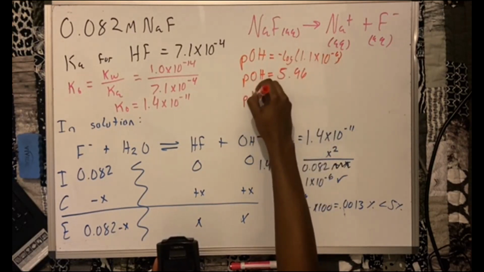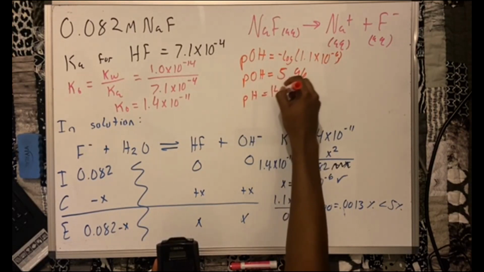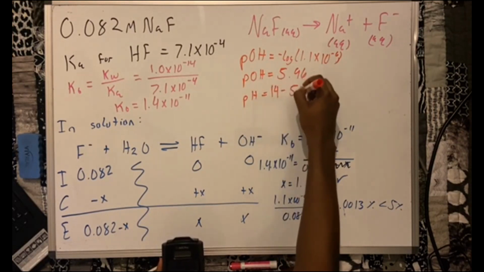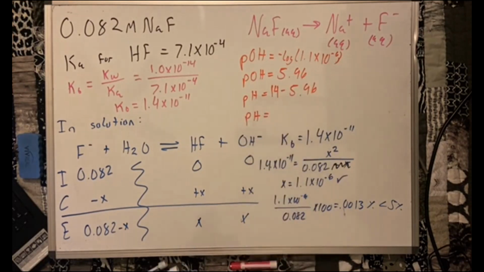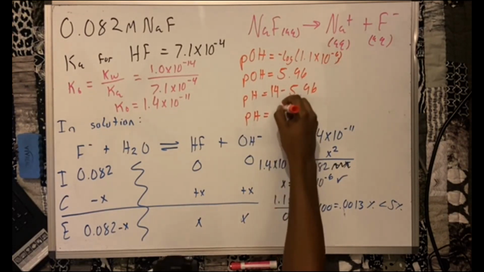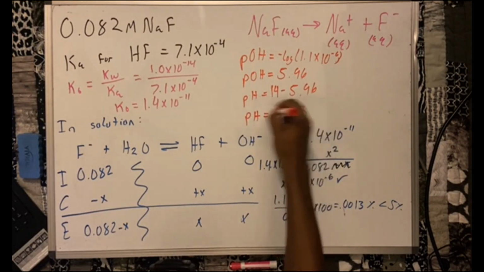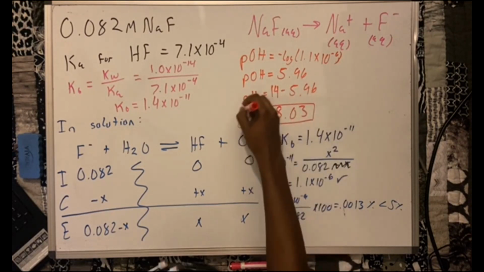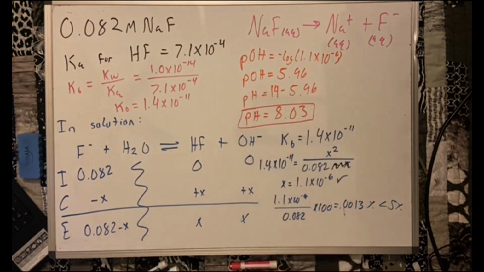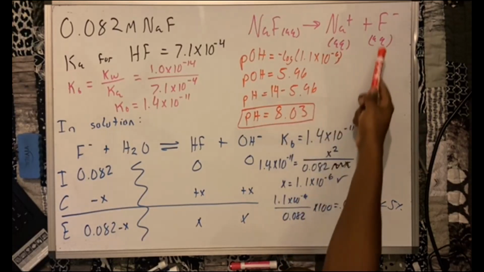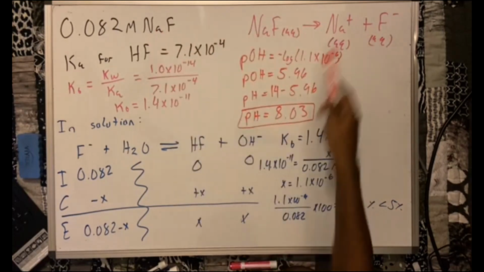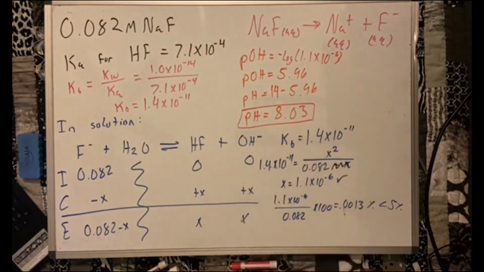And then my pH is 14 minus 5.96. So pH is 8.03. Right, do my little sanity check. This is basic, and we had a base in there, so that's good. Sanity check complete, and we're done.